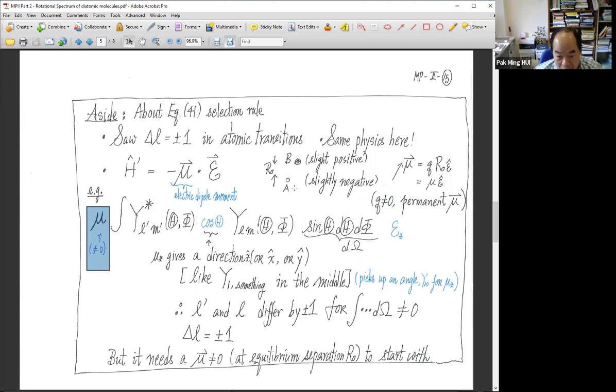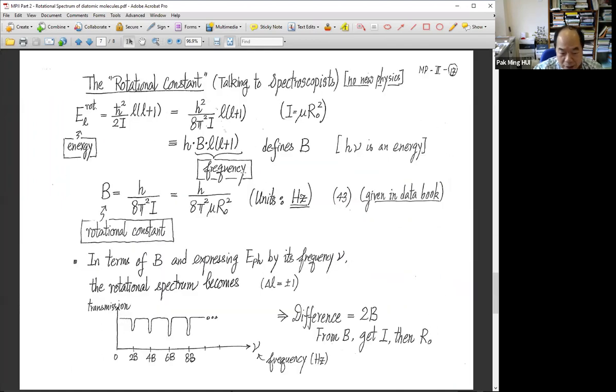That is to say, we better have a slight shift in charge of the electron in forming the bond so that we do have a permanent electric dipole moment, okay? And then we will see a regularly spaced rotational spectrum from which we can read out the spacing and obtain the bond length, okay?